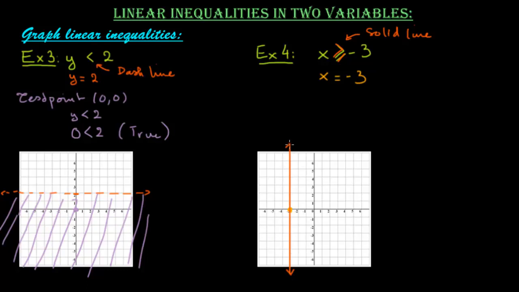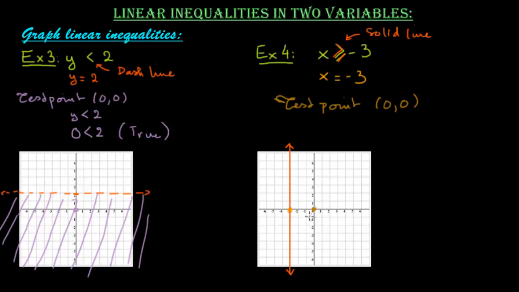So the next question is, where should we shade? The right side or the left side? We have x greater than or equal to -3. As we see, greater than will go to the right side. If you don't see it, we can do the same thing, the test point. So we use the same point 0, 0 as long as it's not on the line.